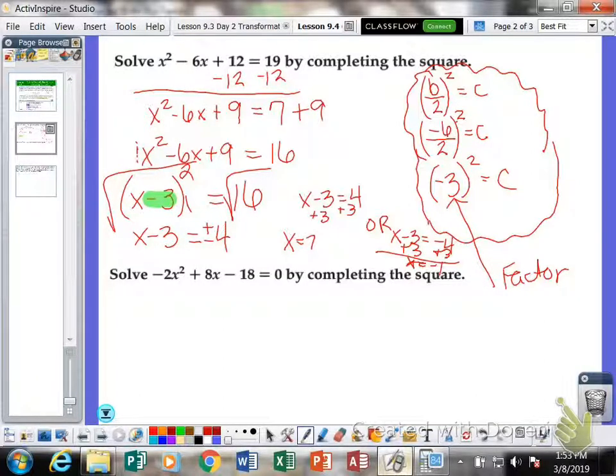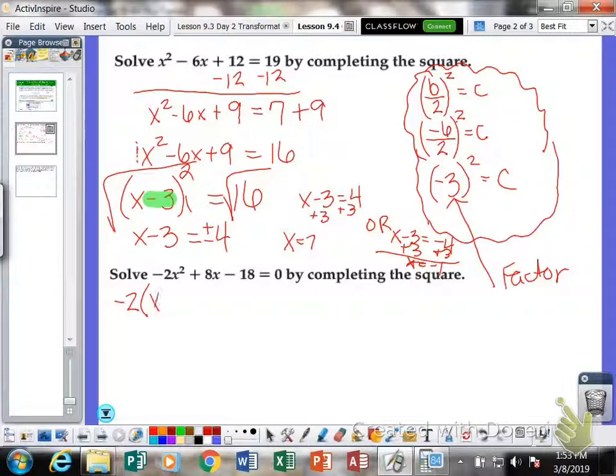All right, completing the square. Before we even get started, I notice that negative 2, 8, and negative 18 are all divisible by negative 2. I want to get rid of that negative, so I'm going to factor out a negative 2.